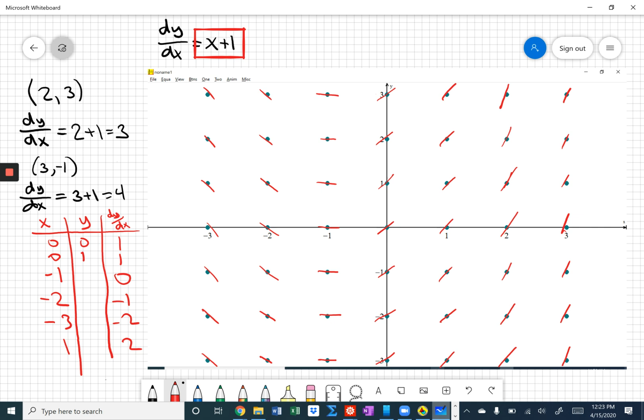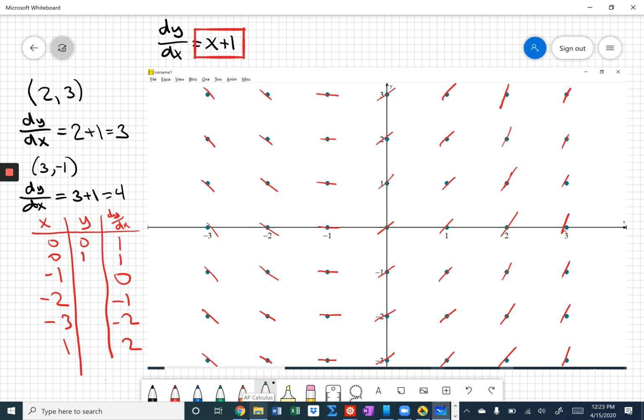Now, I would like you to look at the whole field in total and see what you see there. By looking at the slopes of these tangent line segments, you should be able to see the behavior of the curve, and something should make some sense here.